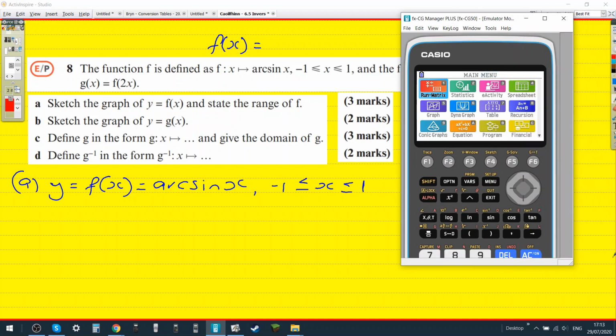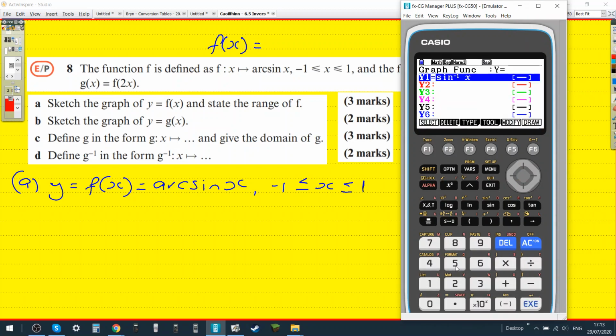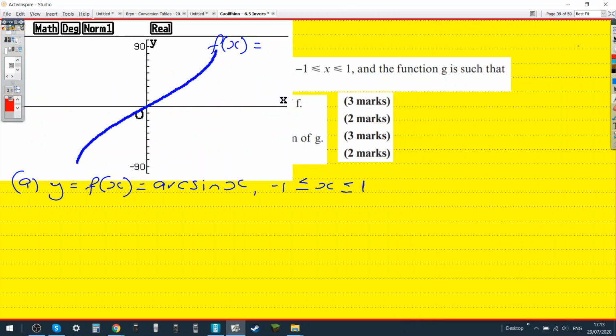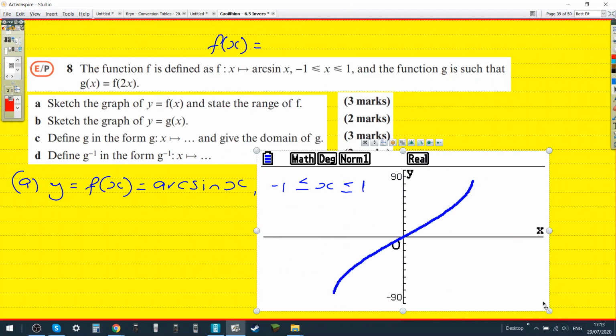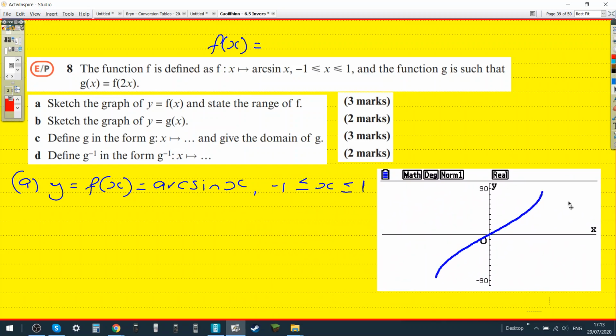Okay, so graph. There you go. What are the... so they told me x is between minus 1 and 1.